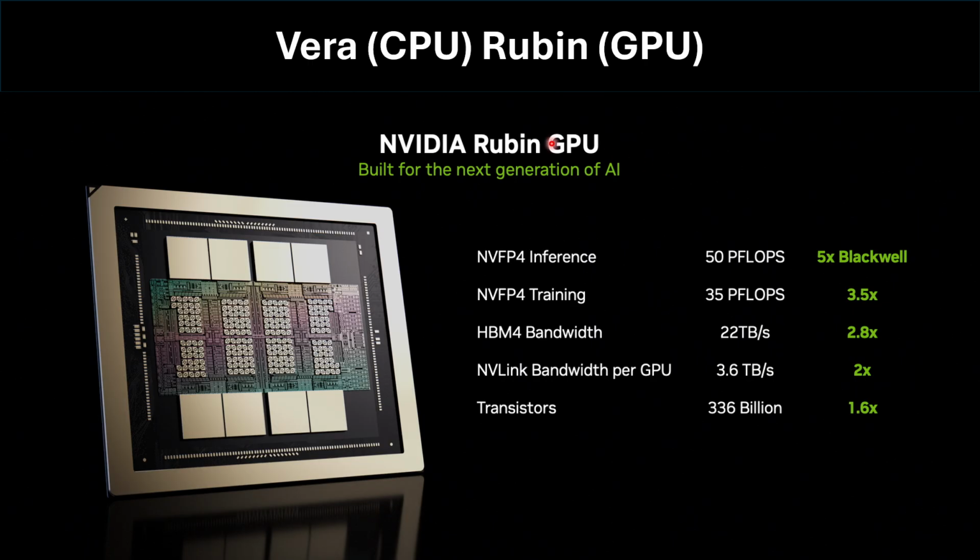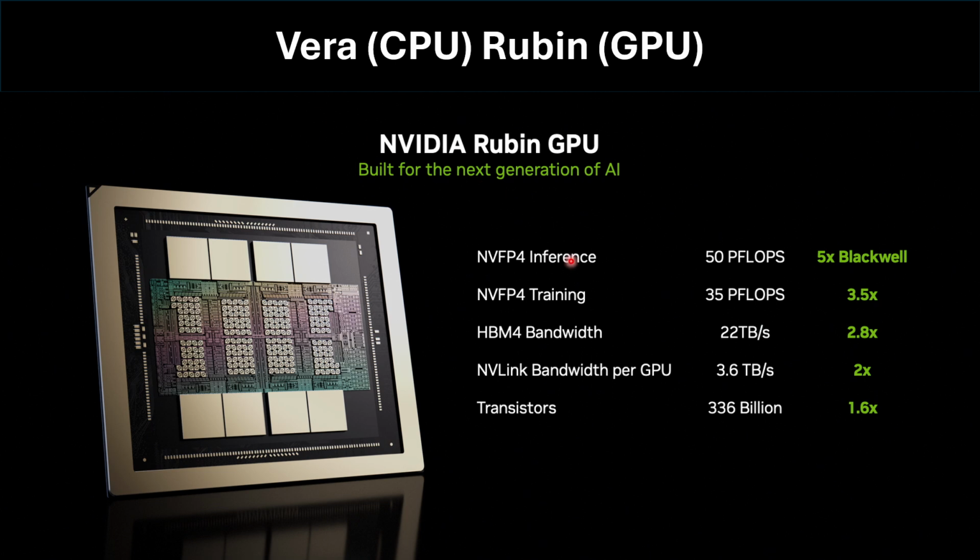We start talking about the NVIDIA Rubin GPU. It has an increase in floating point 4 operations, which is the short format of the numbers, for the tensor cores, and it's 5 times more than the Blackwell microarchitecture.